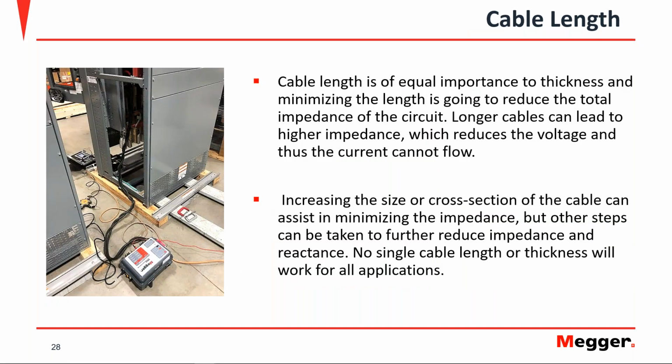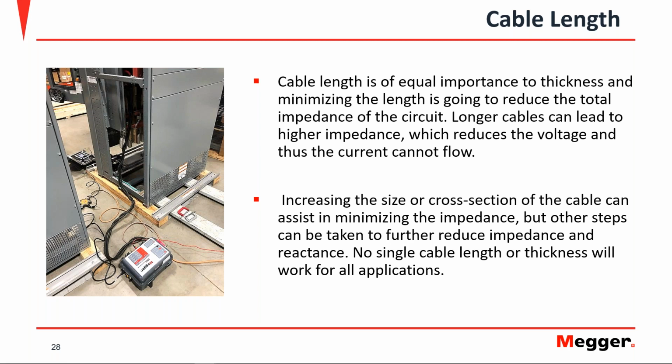The length also becomes an important factor to consider, as well as thickness. Of course, the cables that I'm using to connect from my instrument to the breaker, as you can see in the picture, will be part of the circuit connected to the output of my unit.